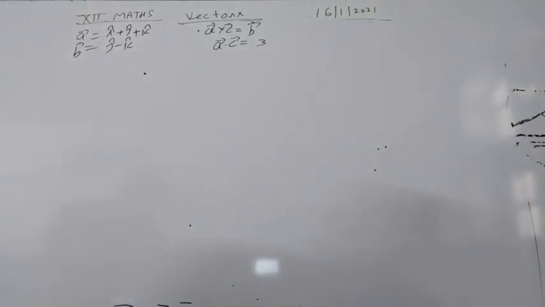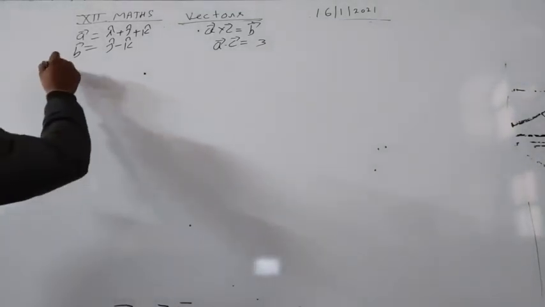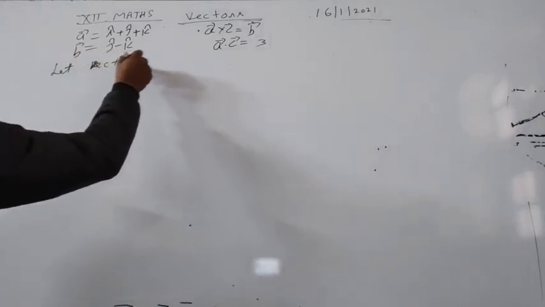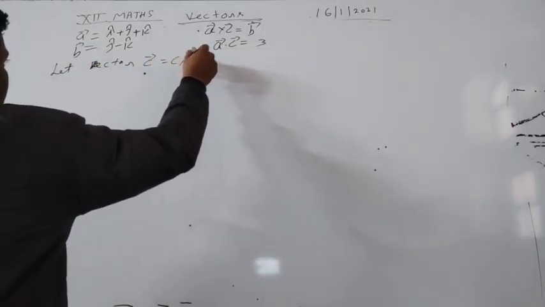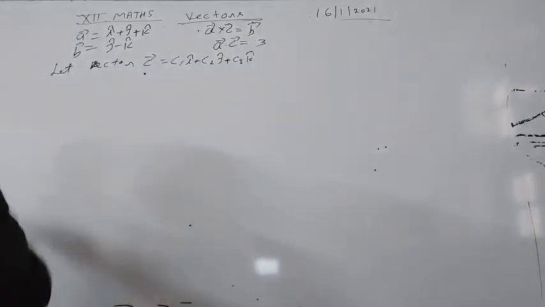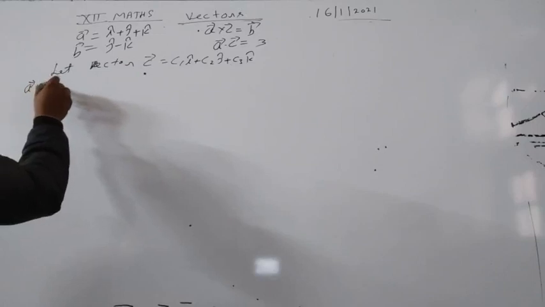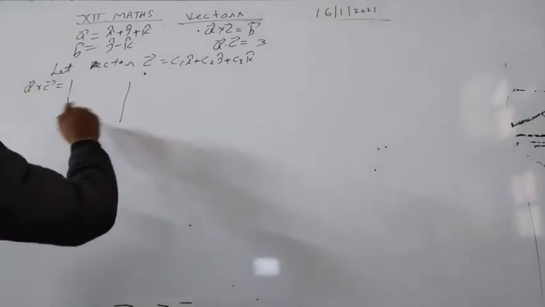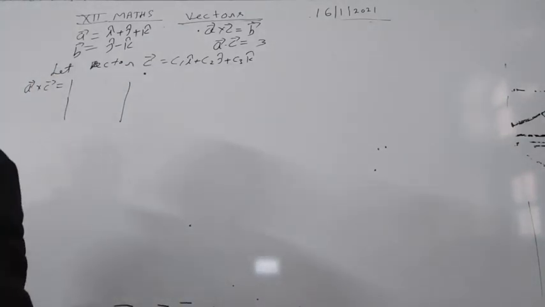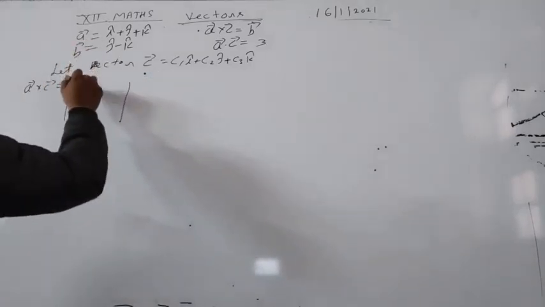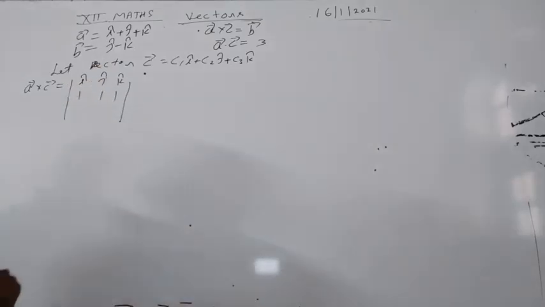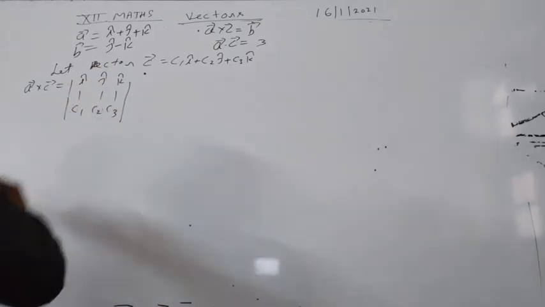Okay. So student, we have to find a vector C such that this condition holds. For this we suppose let vector C is C1i, C2j, C3k. Okay student, so A cross C is equal to, we expand, here we write I, j, k and this is 1 1 1 and C is C1, C2, C3.